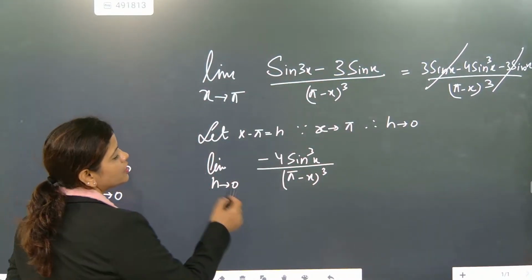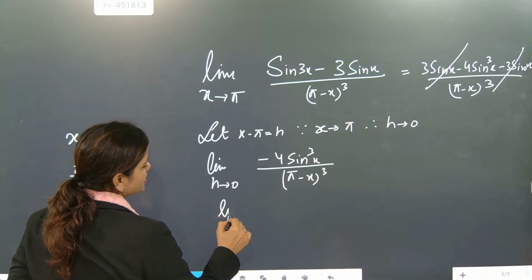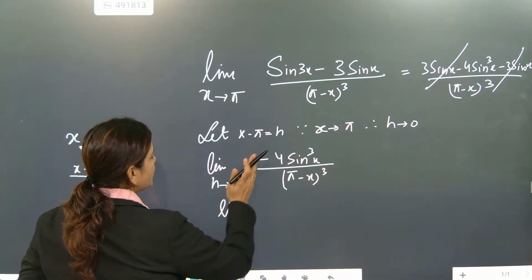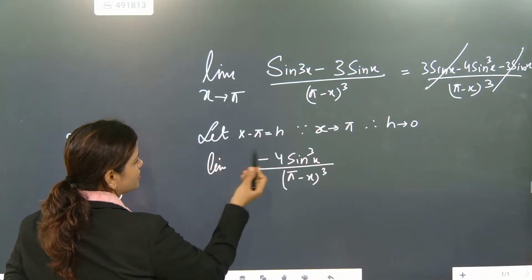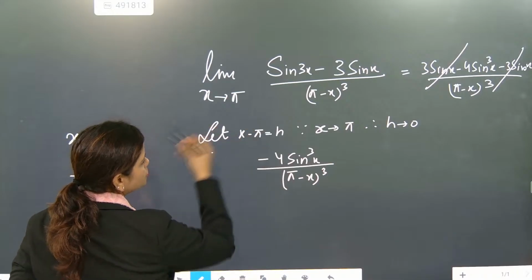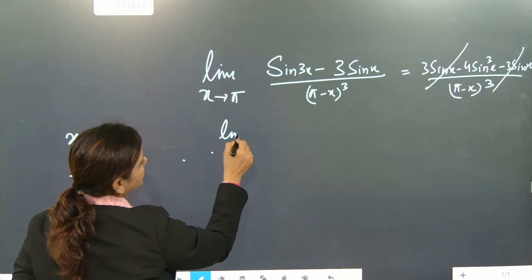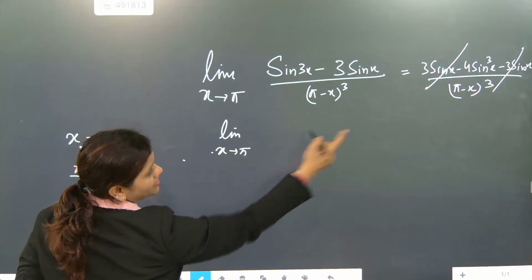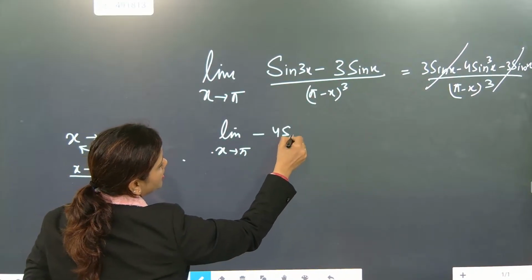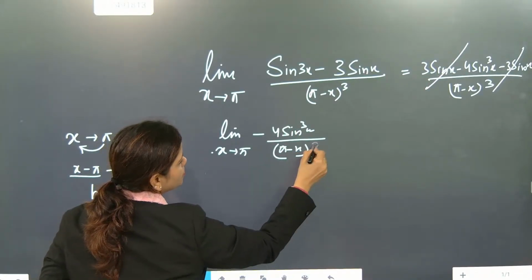Now what next are you going to do? Here instead of x, pi plus x. So limit, and now h, after this only we need to solve. I should not be teaching you wrong. So I will write here limit x tends to pi, minus 4 sine cube x by pi minus x whole cube.